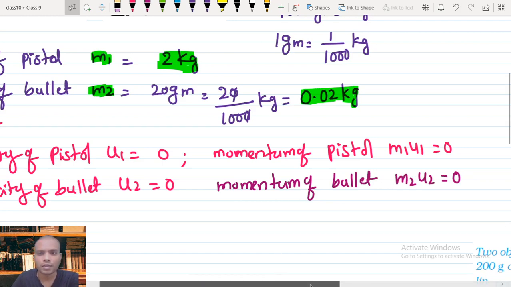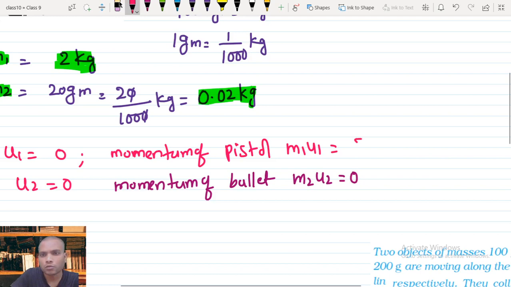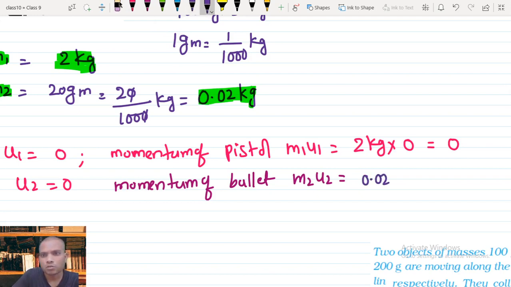Let me write it clearly. In m1 u1, the mass of the pistol equals 2 kg, but the u1 value equals 0, so its value becomes 0. Similarly for the bullet, m2 is 0.02 kg, but velocity equals 0, so its momentum equals 0. So these are the momentum values.